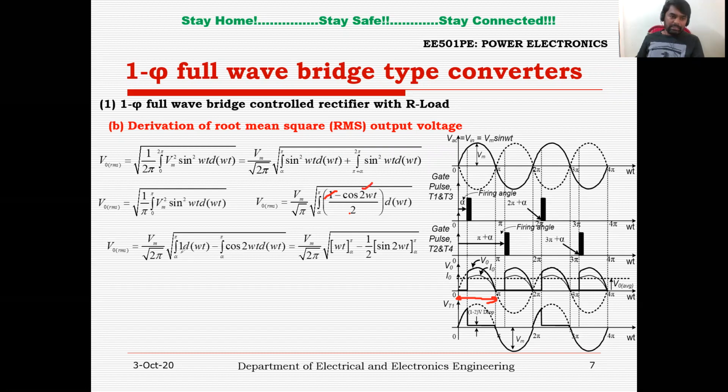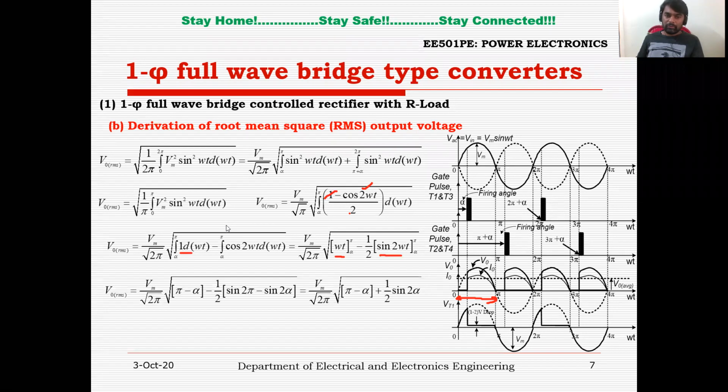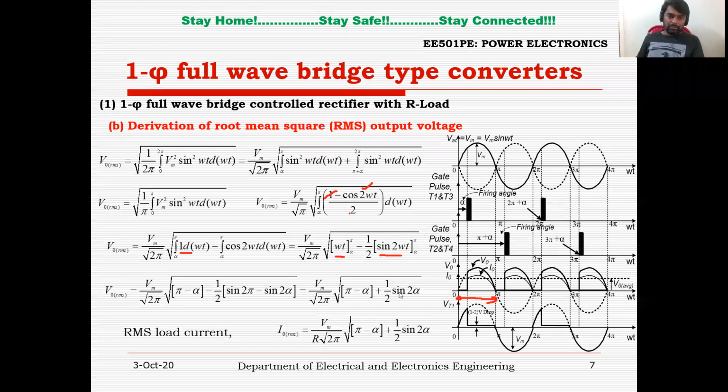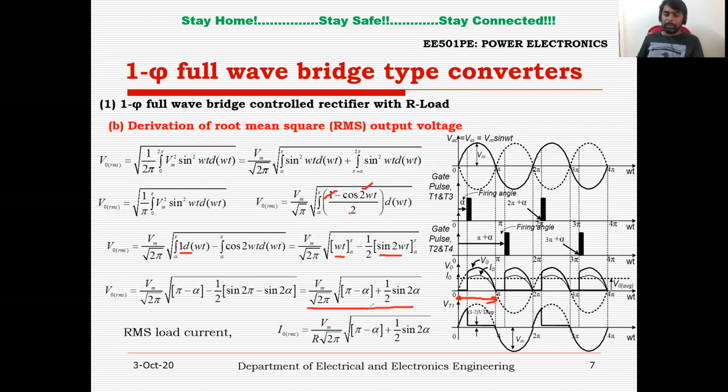The integration of constant will be omega t, limits are alpha to pi, minus cos 2 omega t integration will be 1 by 2 sin 2 omega t, and the limits are alpha to pi. You just substitute the upper and lower limit, so you will get the RMS output voltage as Vm by under root 2 pi, under root pi minus alpha plus 1 by 2 sin 2 alpha.